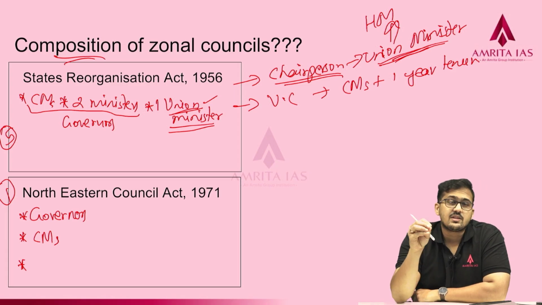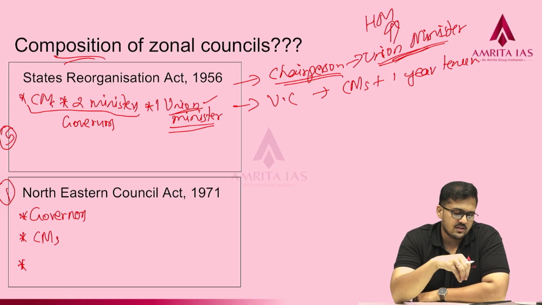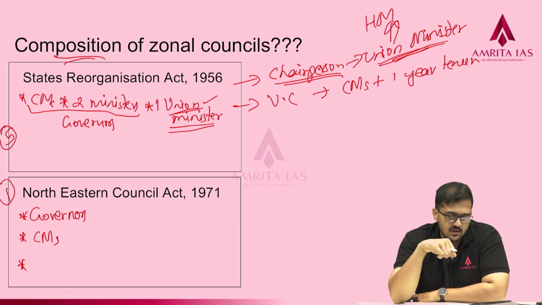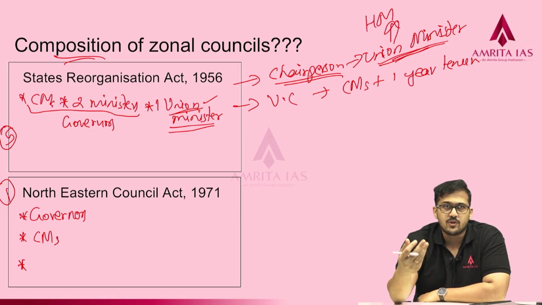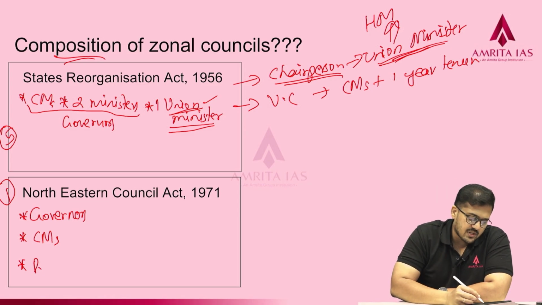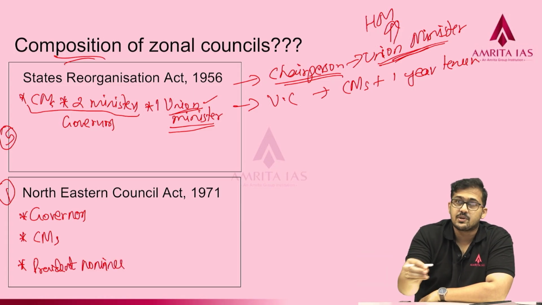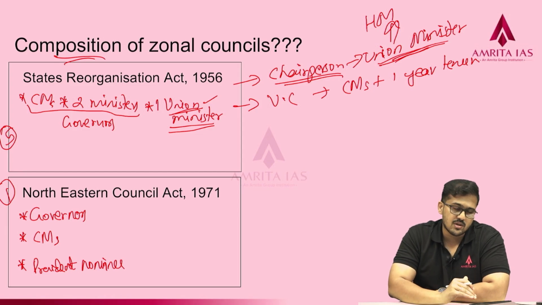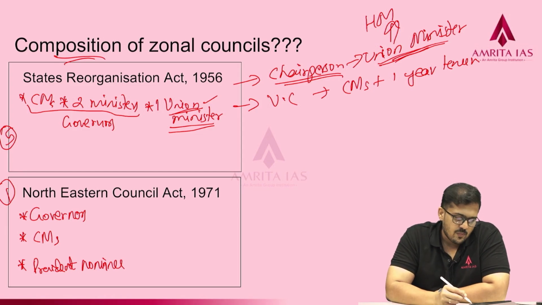Whenever there are union territories present in the Northeastern Council, currently we do not have any, but in case there are, then the president shall nominate members as a representative from the union territory. So, these are the members of the Northeastern Council.